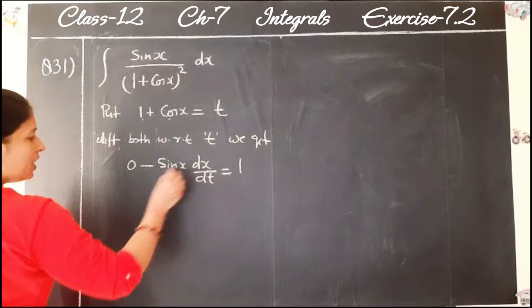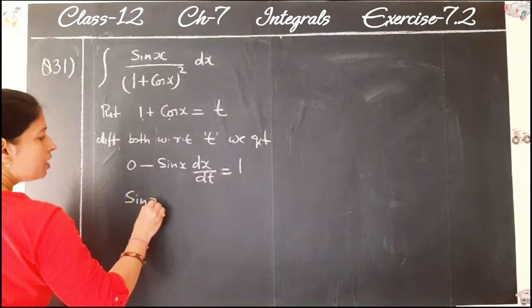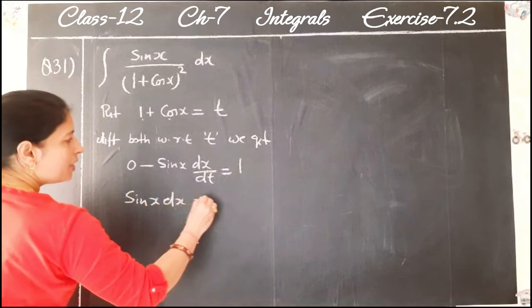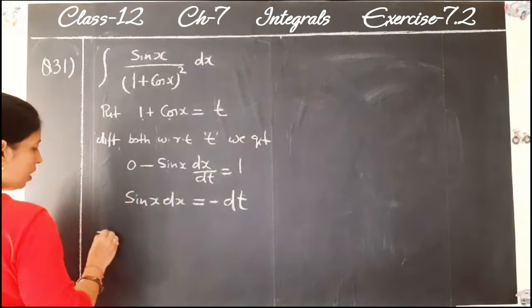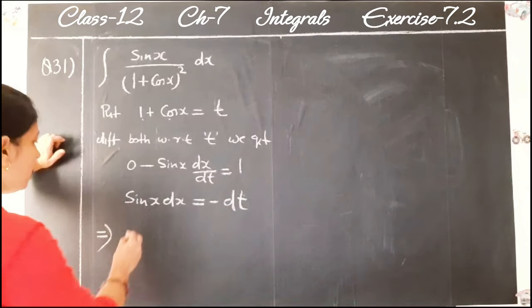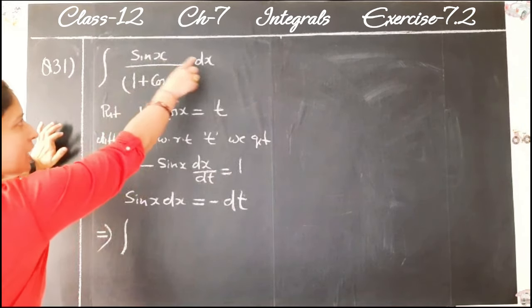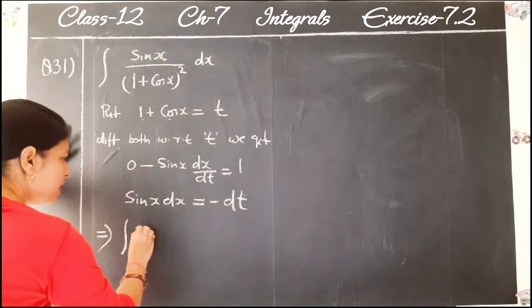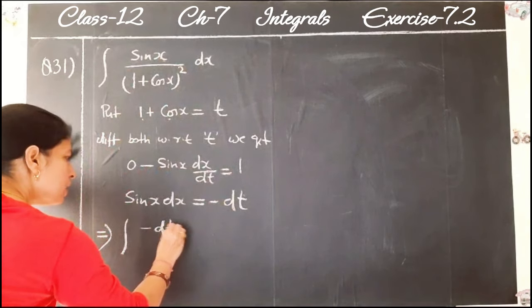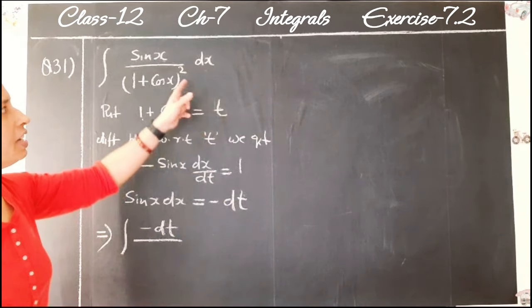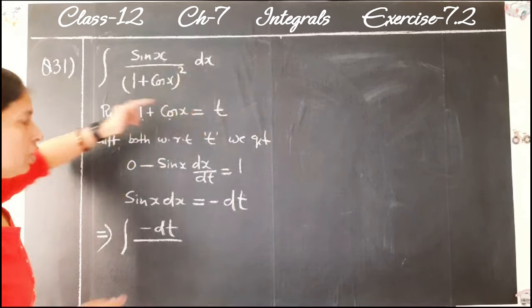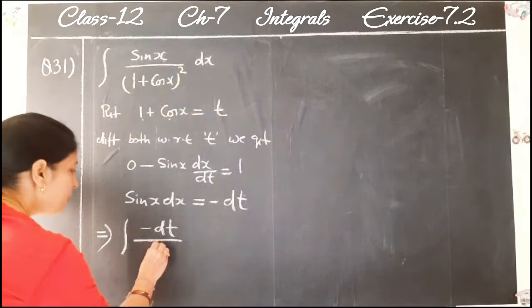So in place of sin x dx we can write minus dt. Now we can write this integral as, in place of sin x dx write minus dt, and here it is given t and it is square here, so it will be t square.